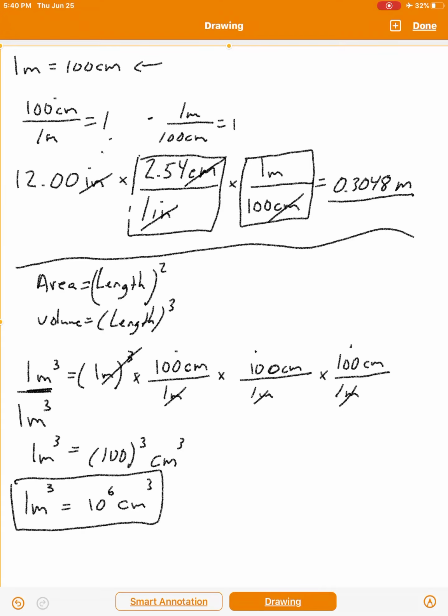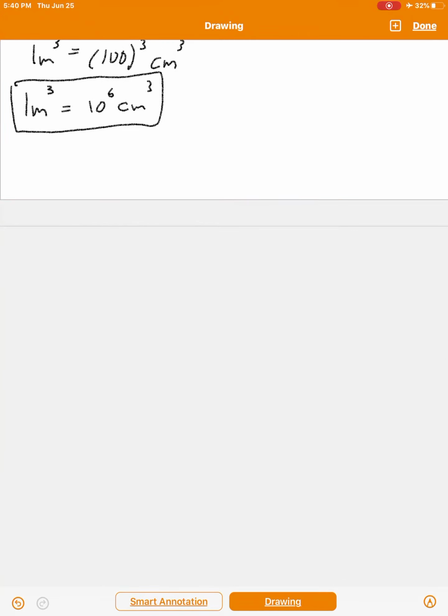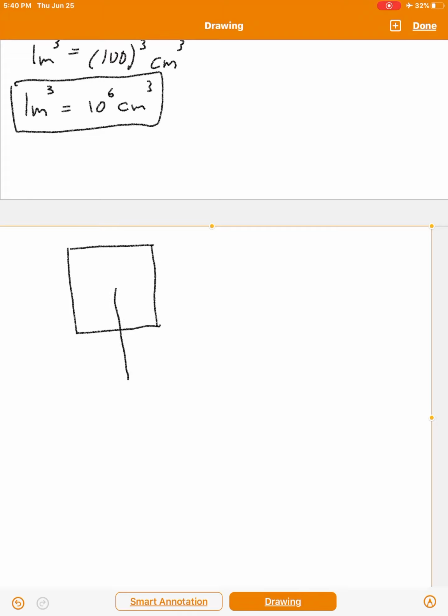And the reason for that is that if you consider a cube, I'm not going to show it exactly to scale, but I want to give you an idea. Suppose we have a cube and it's a meter by a meter.